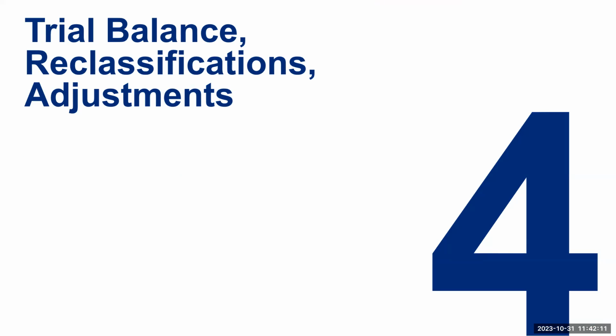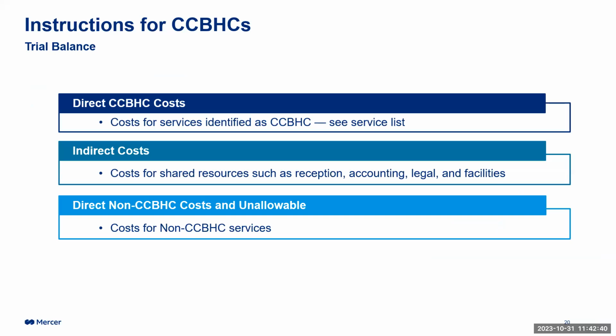The first part of the cost report is really where you're gathering all your cost information. This is historical information as well as adjustments, reclassifications, and anticipated costs. All that's going to go on one tab of the cost report with supporting schedules for each of the different items. So at first, if you want to scroll down to the instructions, the top part of that tab is going to be direct CCBHC costs.